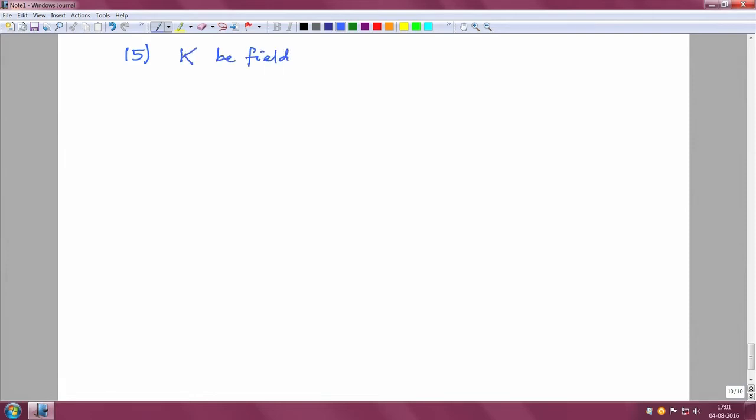In fact, I will show you later that this is more interesting when K is a finite field. And D any subset of K, any subset. Then we have this big ambient space K power D.